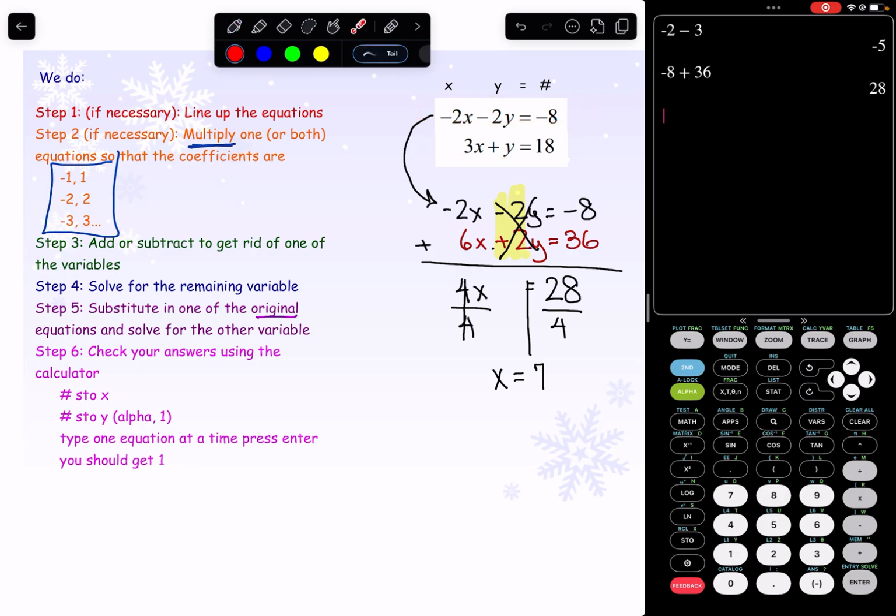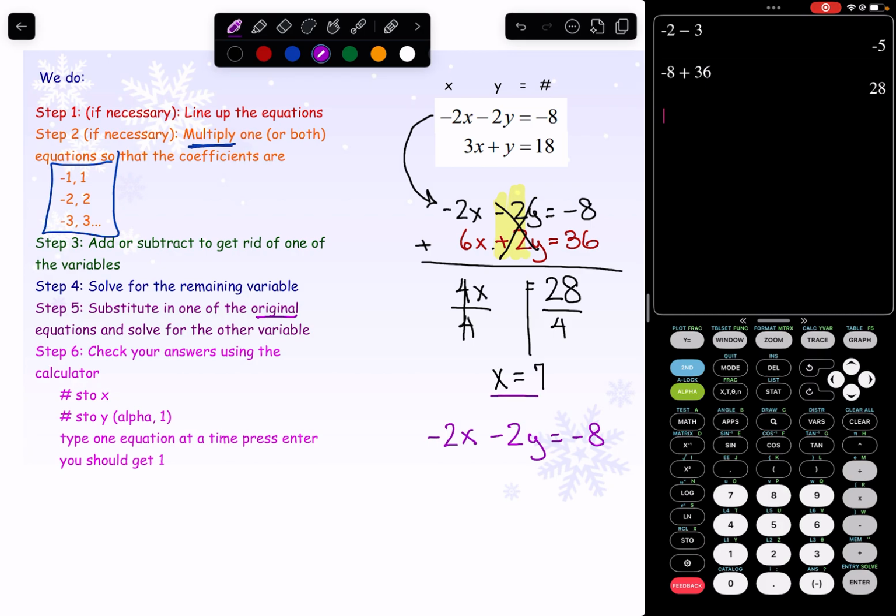You can use whichever one looks nicer to you. I'm just going to use the first one because it's first, but you guys can use the first or the second. The second one might be better because there are no negatives. Totally up to you. So I'm going to write here negative 2x minus 2y equals negative 8.